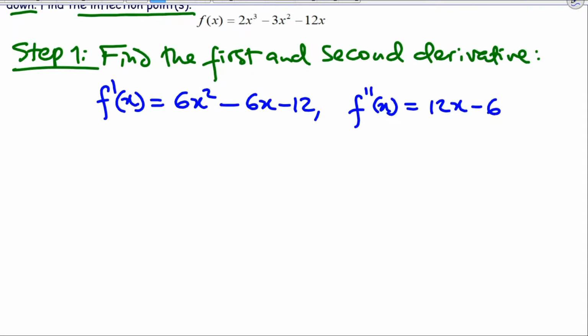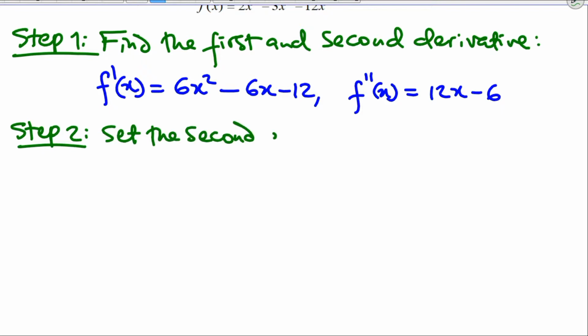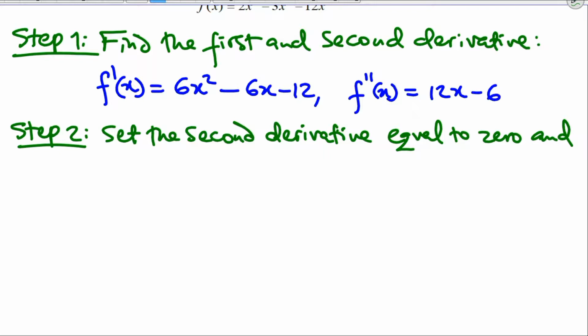So step 2 will be: set the second derivative equal to 0, and solve for the potential inflection point.